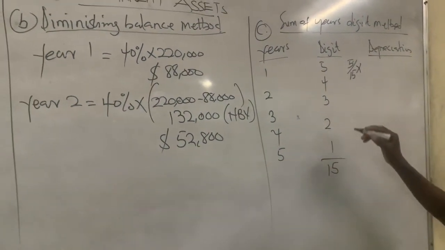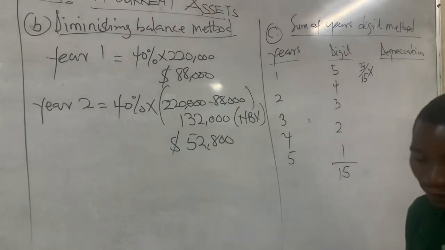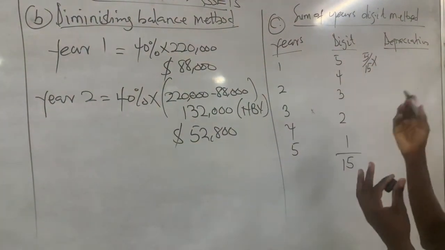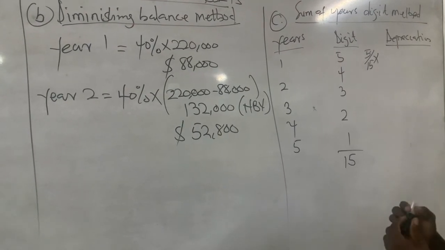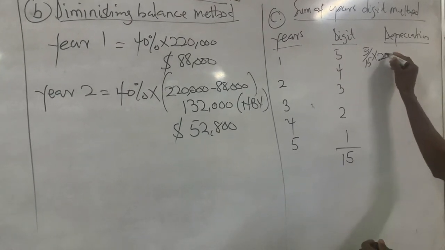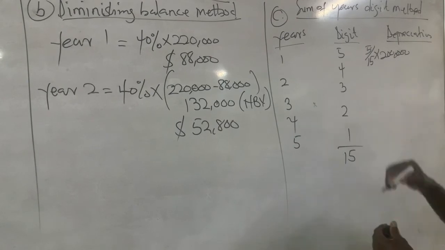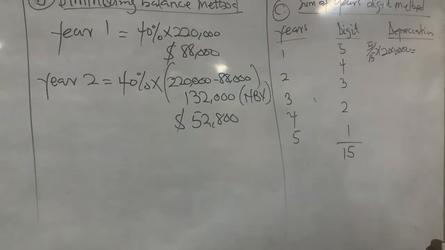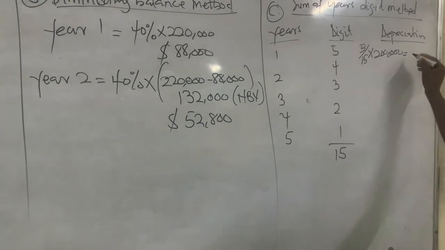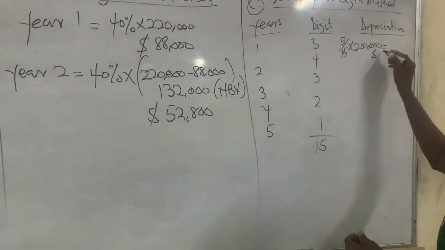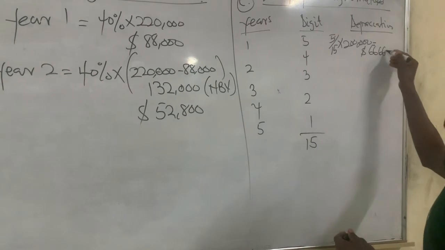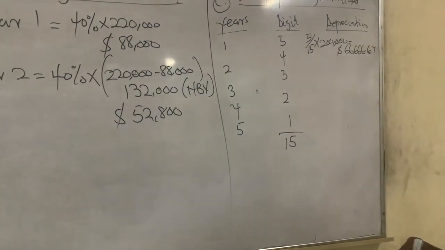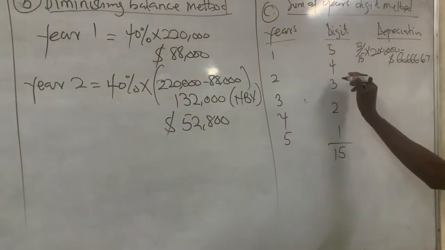We multiply it by the cost of the asset, that is after taking the residual value, which will give us 200,000. Is that okay? And this is going to give us $66,666.67. Is that okay?